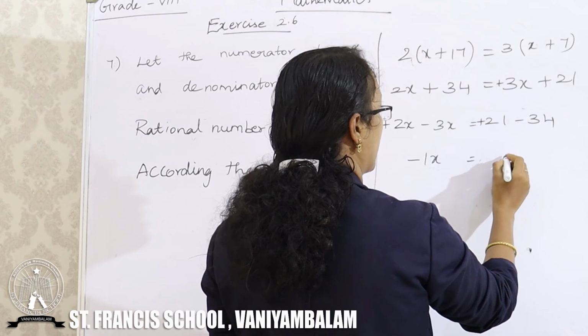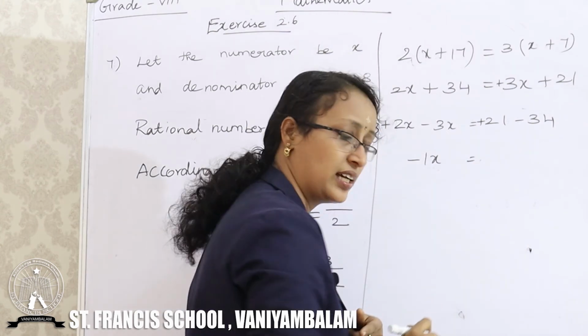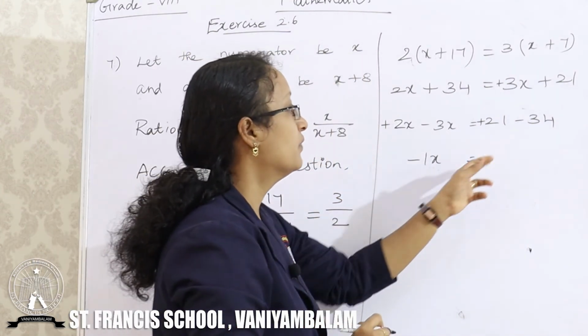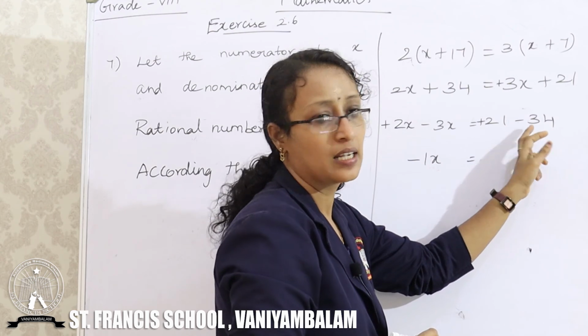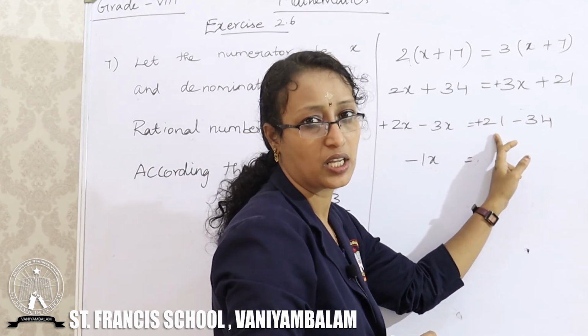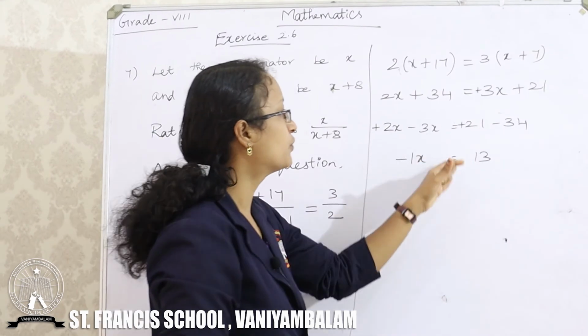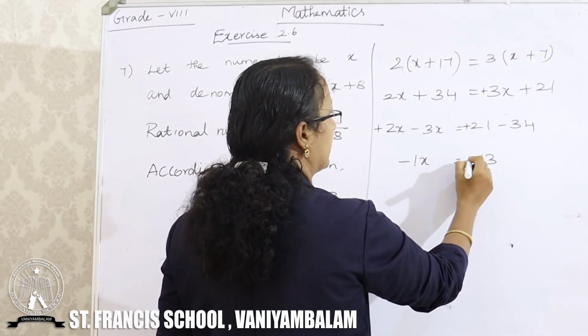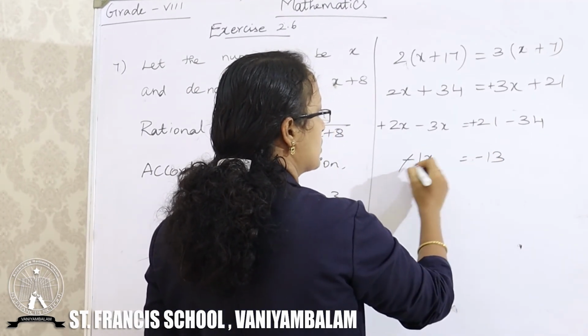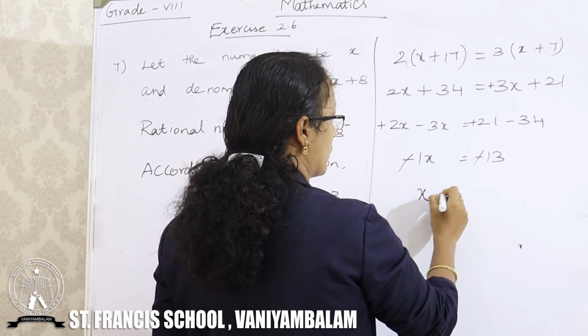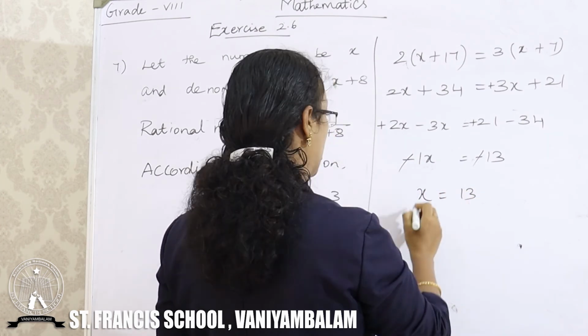The signs are different, so subtract and put the greater number's sign. When you subtract this, what do you get? 34 minus 21, so 13, right? 34 minus 21 is 13 and the greater number is minus. So you can cancel this. So x is equal to 13.